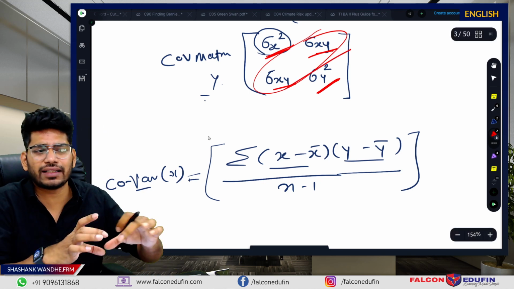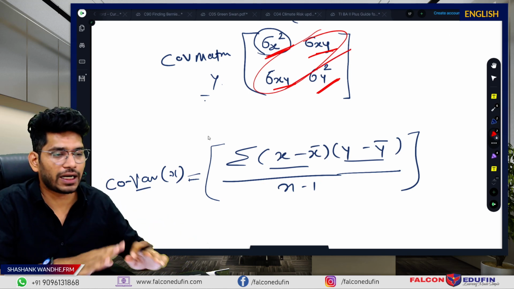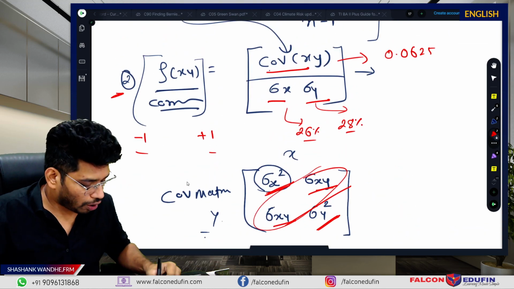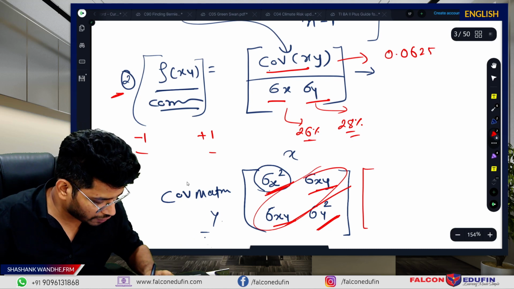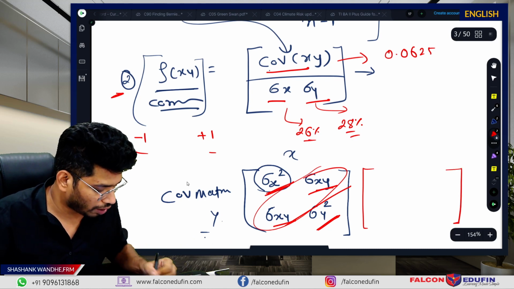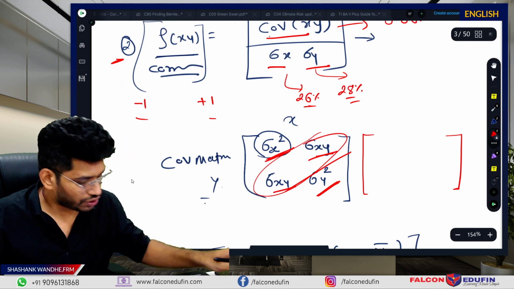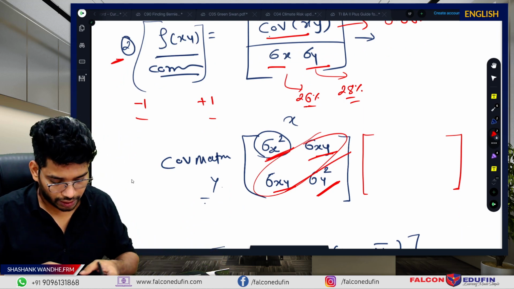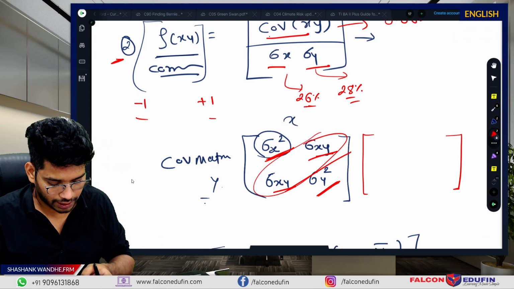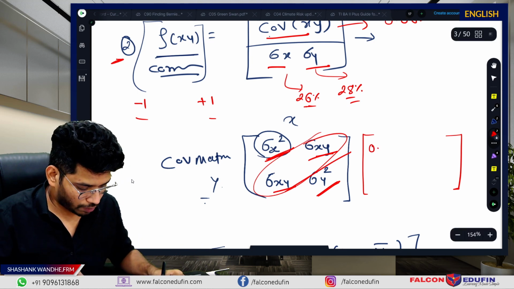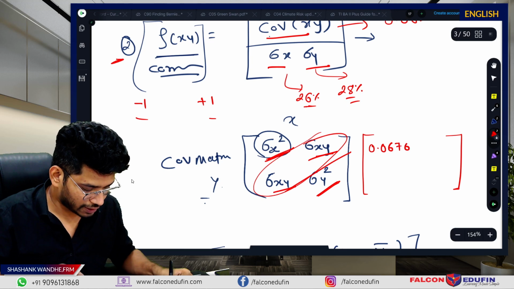In case you get the information in this particular format, you have to remember this. If you ask me to plot the above information in the matrix format, first this is standard deviation, so we have to calculate the variance. 0.26 square, which is sigma x square, is 0.0676.